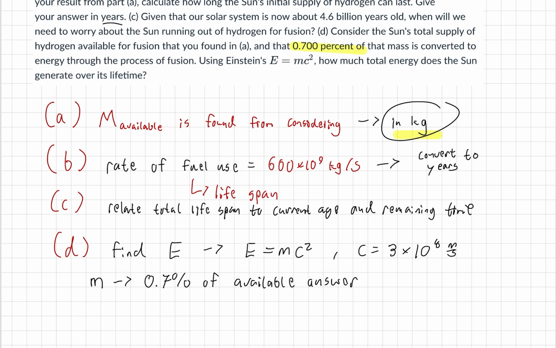Einstein's formula, E equals mc squared, is ready for kilograms, so as long as you plug those in, the answer you get will be in joules. That will be the total amount of energy that you are going to report. In fact, I don't say it, I should have, but you're going to report it in joules, which is the unit it is already in, because of kilograms and meters per second.